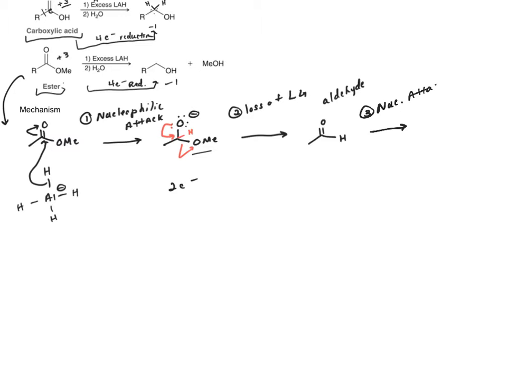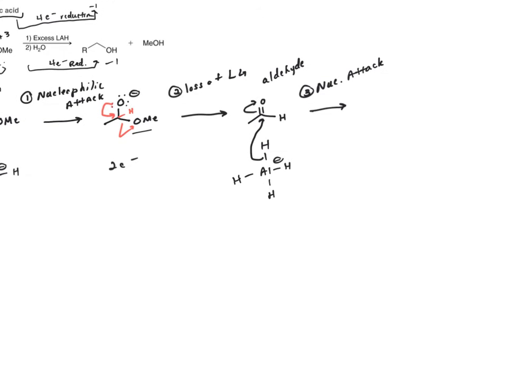So nucleophilic attack, we've got our hydride. We're going to attack our carbonyl carbon and form the alkoxide group as an intermediate, right? And again, that hydrogen we've just attached is here.